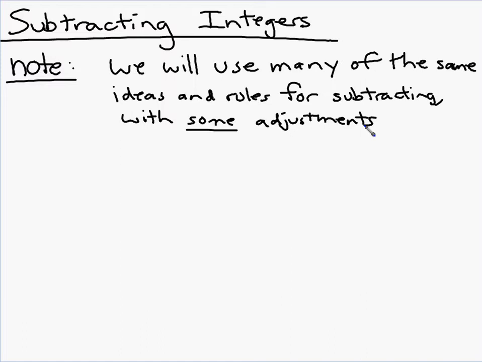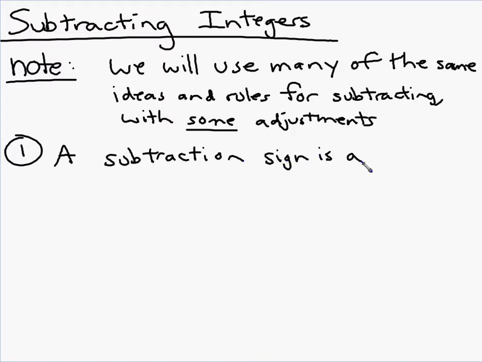Point number one. A subtraction sign, and this is one of the biggest things that you have to just train your mind about, a subtraction sign is a negative.